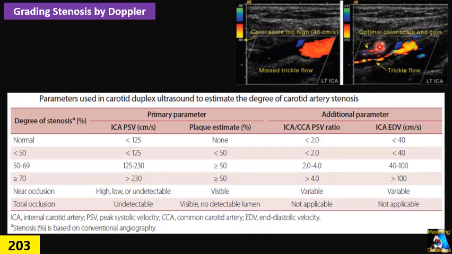For example, if you're doing a lateral approach and it's too far, we go with an anterior approach. Whatever we can do to increase the sensitivity of color Doppler and spectral Doppler to detect trickle flow, based on that we can differentiate these two types from each other.